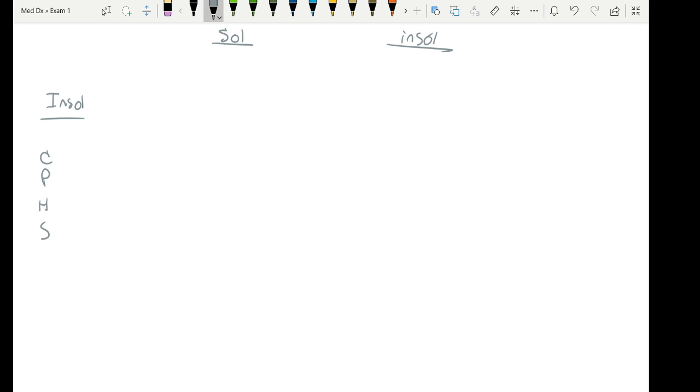So this is CO3, PO4, OH, and S. Then soluble, you're going to have nag, sag. And then insoluble, you're going to have Castro, bear.